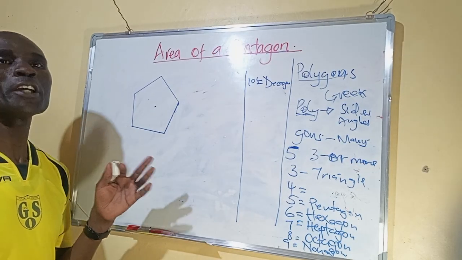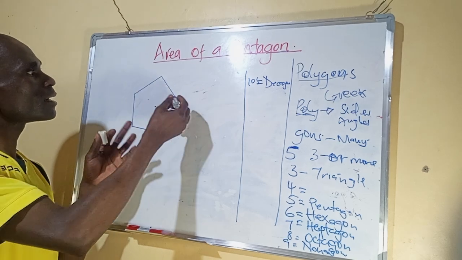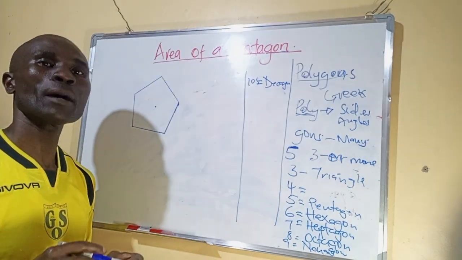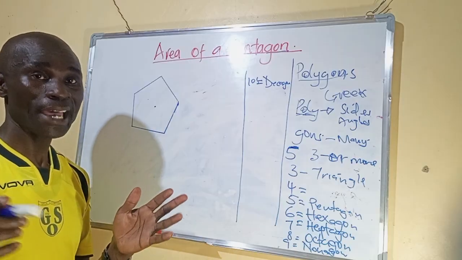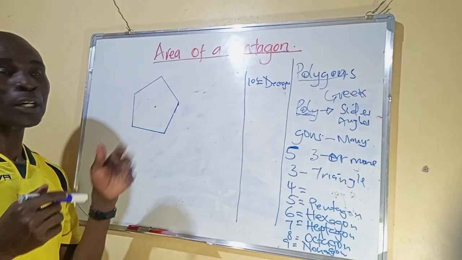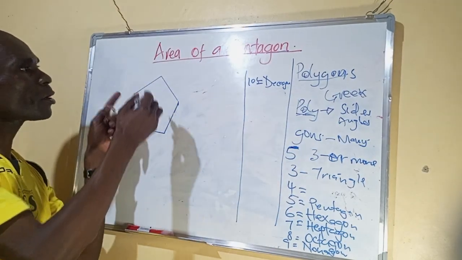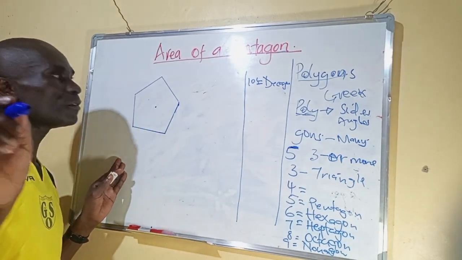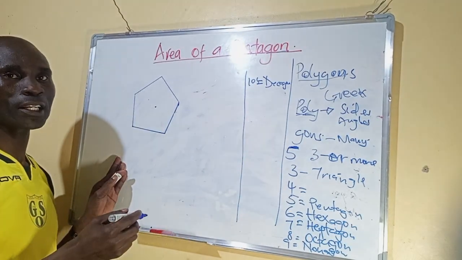Now, how do you get it? You will realize that we can divide this pentagon into a number of triangles from the center. So you will realize that the number of sides is equivalent to the number of triangles that we can get here.